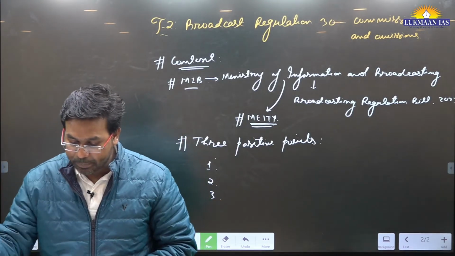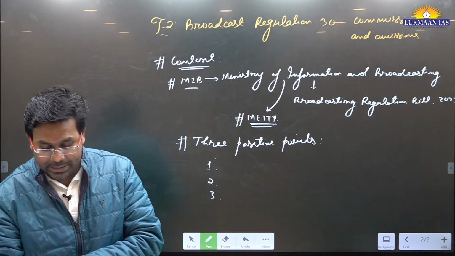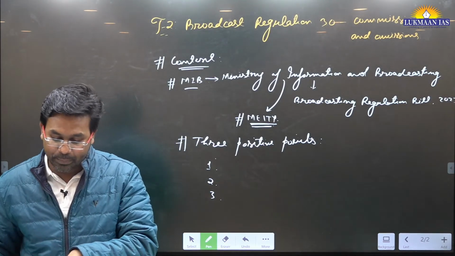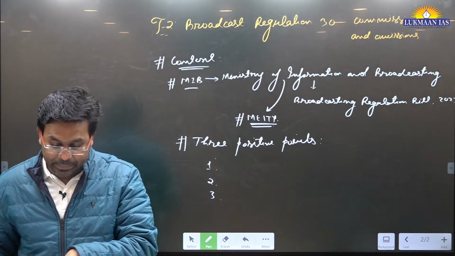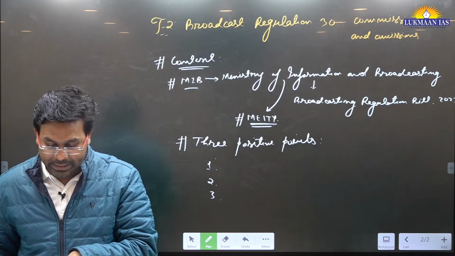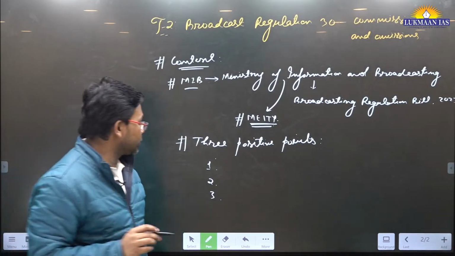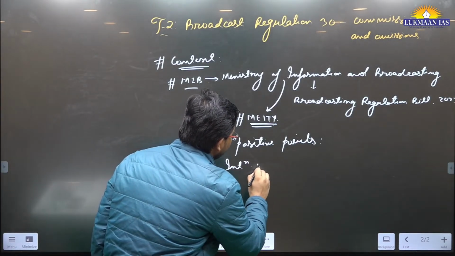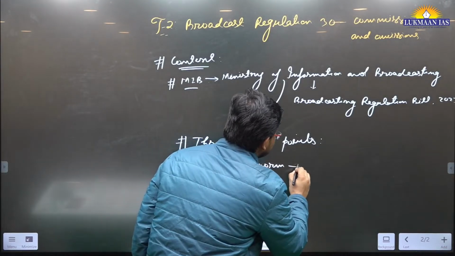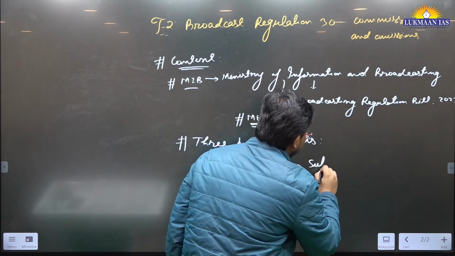The first positive point, it says, it obliges the broadcasting network operators and broadcasters to maintain records of subscribers' data and subject this to periodic external audits as in the international norm. So the first thing is that they follow an international norm related to subscribers' data.